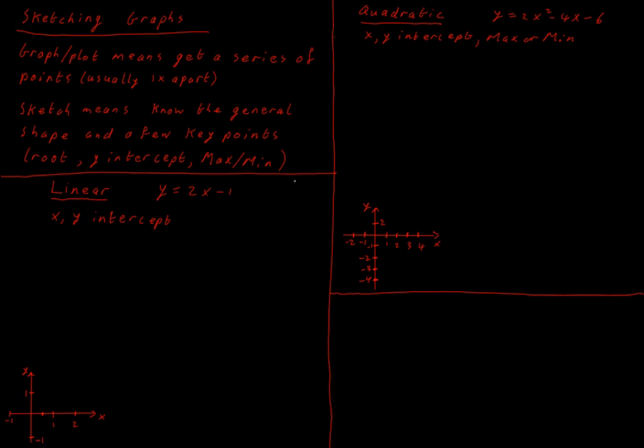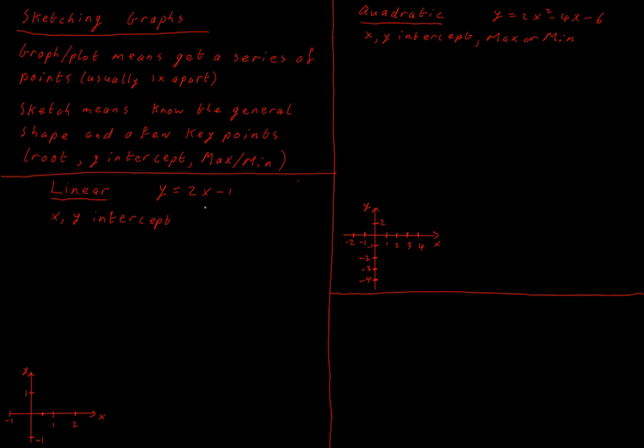So, in general, we're going to know the general shape of a function, and then we are going to take a few key points and we are going to use the knowledge of the general shape and those points to get a rough idea of what the function should be doing. In the case of linear functions, that is to say functions with the highest power of x is 1, all we are going to need to do is get the x and y intercept.